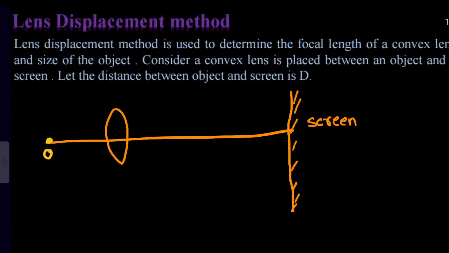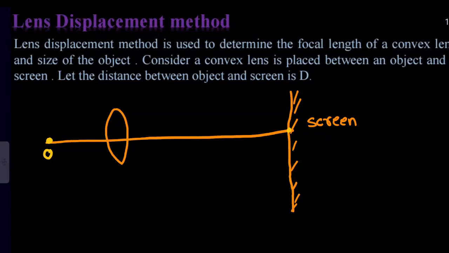Now, this is the lens displacement method. When we place the object here, one image will be formed on the screen.